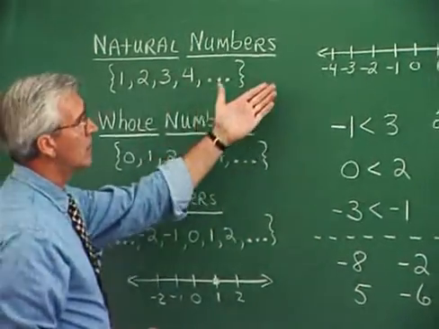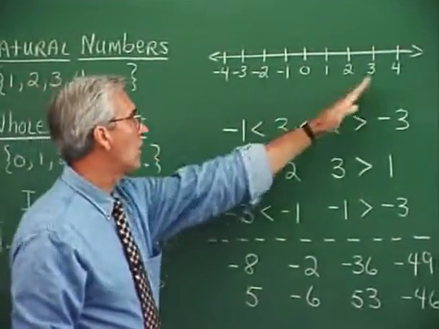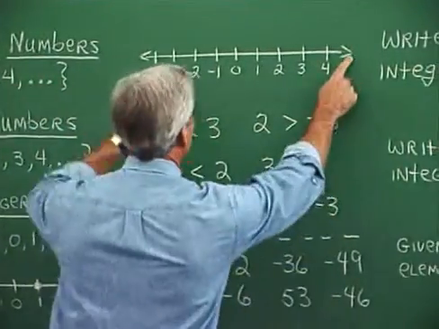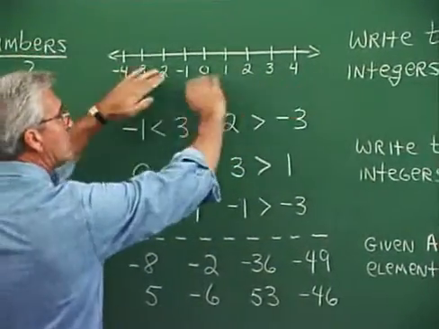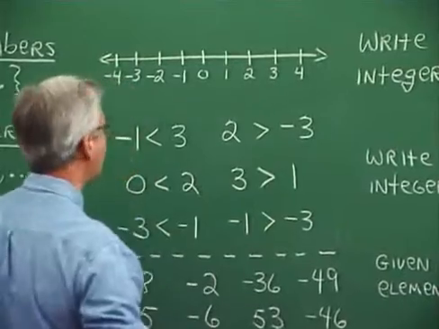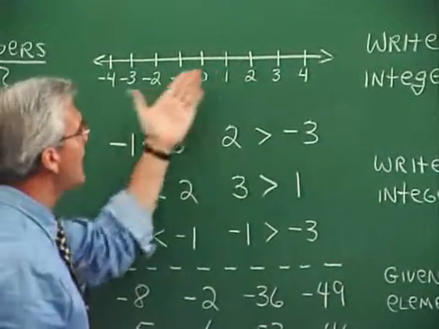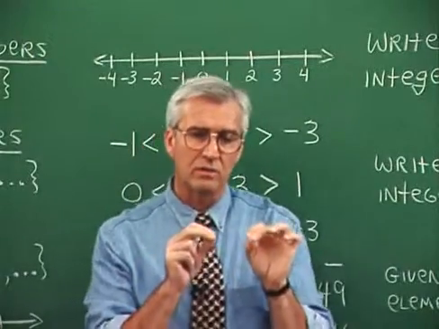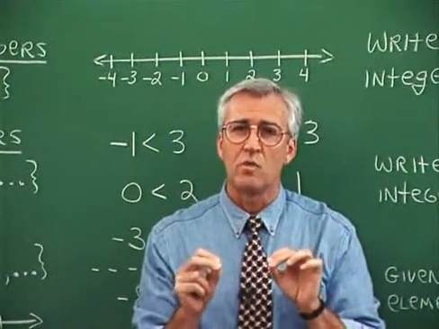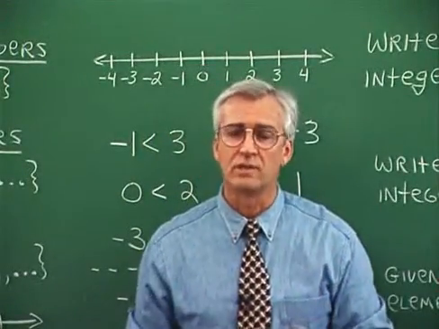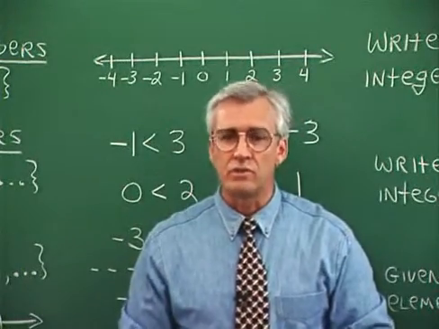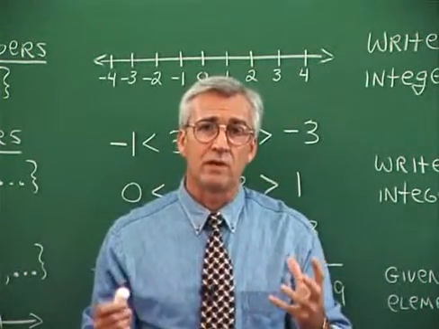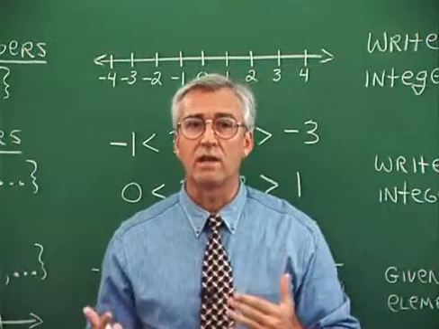Okay, here's another number line. It goes from -4 all the way to 4 over here, and the arrows indicate that each end extends infinitely far. Because we have a number line written here, we can actually place numbers in order. We can create an order relationship, and we describe that order relationship in terms of less than and greater than.